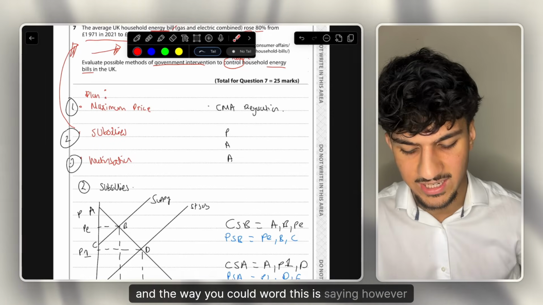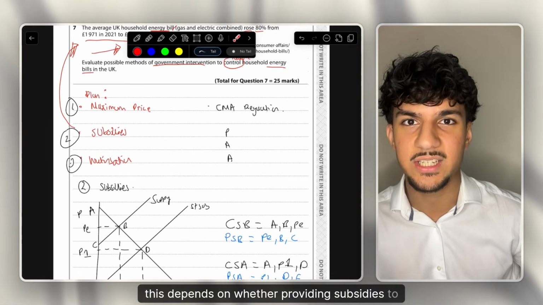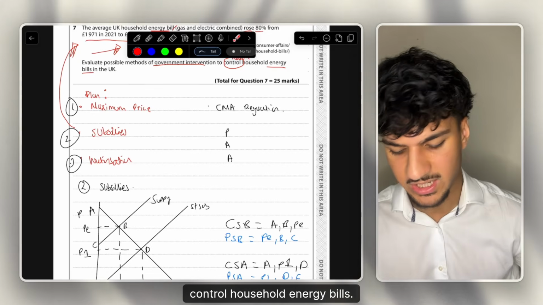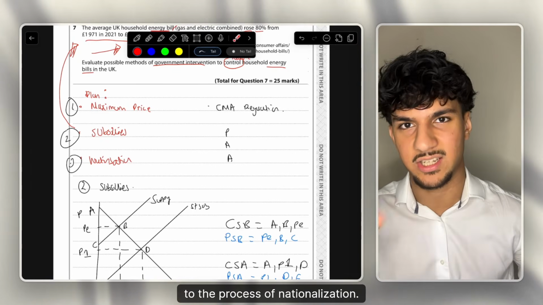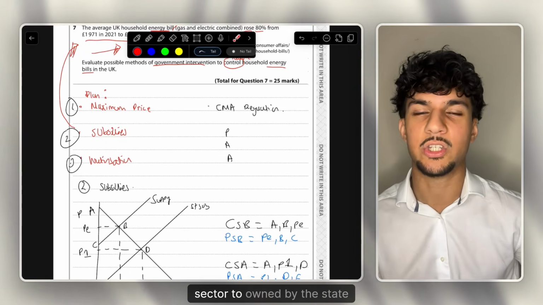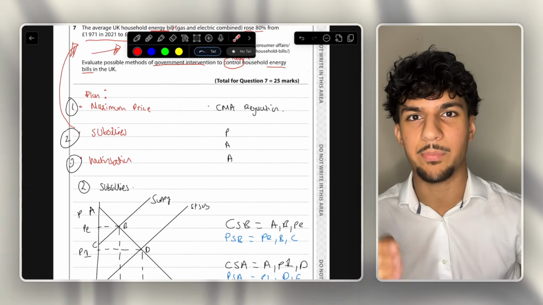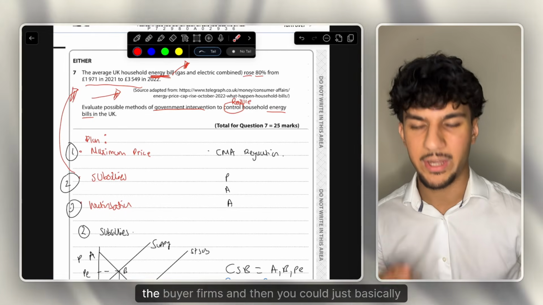And the way you could word this is saying, however, in evaluation, this depends on whether providing subsidies to households is the best way for the government to control household energy bills, as the government could allocate these resources to the process of nationalisation, so changing these energy firms from the private sector to owned by the state, meaning that it would have better long-run impacts on consumers.